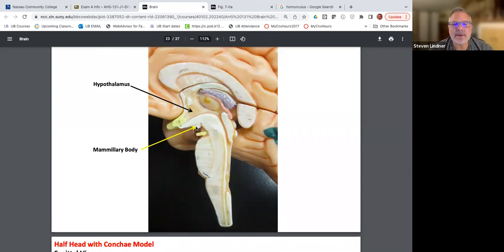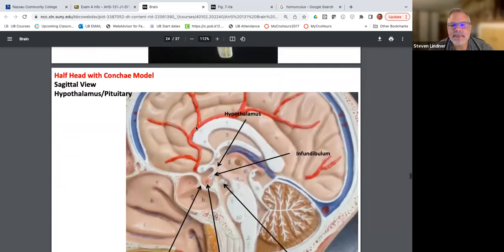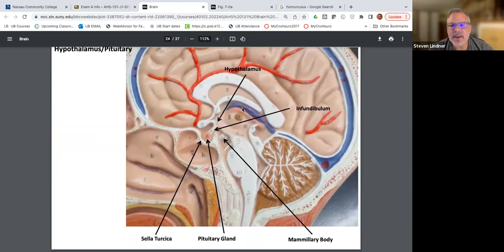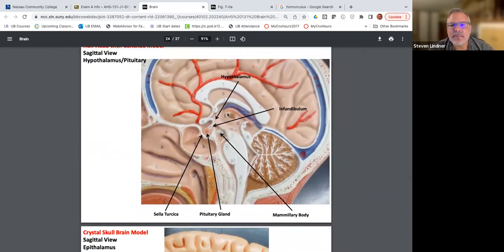Don't worry about the mammillary body. Here, let's look at what we have labeled. Here would be the thalamus, and the brown would be the interthalamic adhesion. Below the thalamus, right here, this is the hypothalamus. And then we have the pituitary gland.